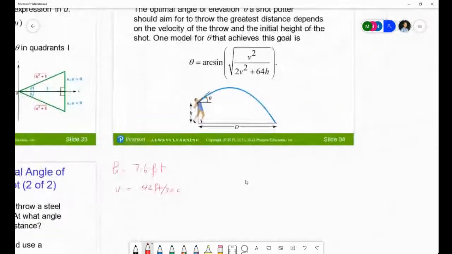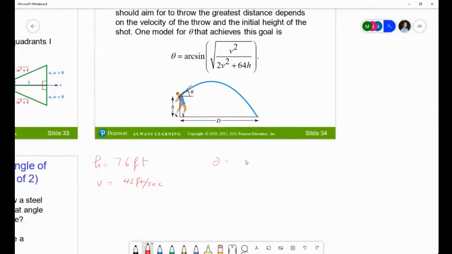Well, all we do here is plug it in. Theta is equal to arc sine of the square root of 42 squared over 2 times 42 squared plus 64 times 7.6. Well, that's just plug and chug, right?